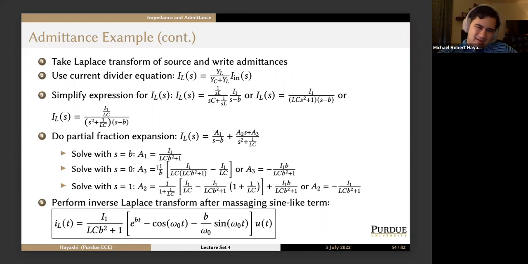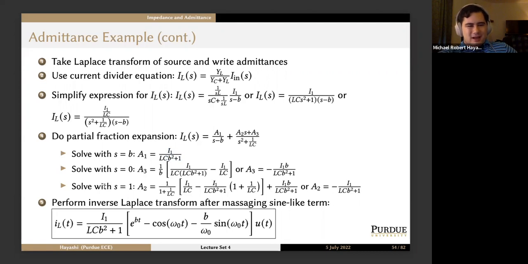The partial fraction expansion is a little bit messy. I've kind of skipped to the results a little bit. But or by getting a common denominator, you'll get A3 is equal to negative I1 b over LCb squared plus 1. So it's the negative of our A1 term times b.